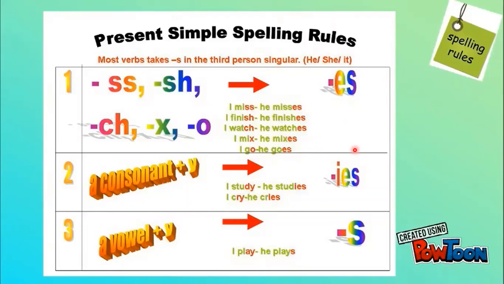What do you change in present simple? You change that Y into IES. And finally, if we have a vowel plus Y, for example, A, E, I, O, U, those are the five vowels we know, the only thing you have to do is to add letter S. That simple.